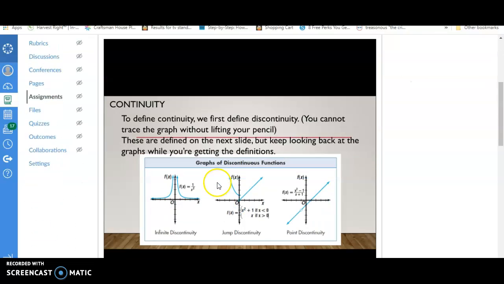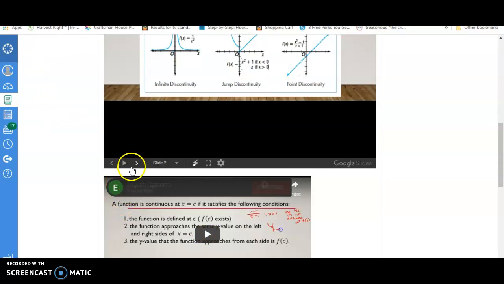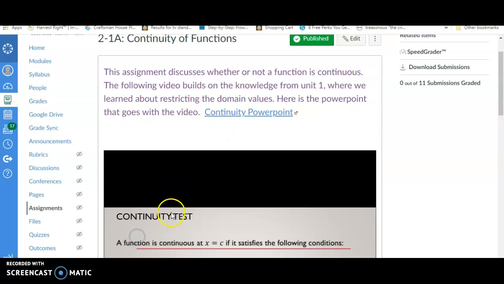If you are coming from the left to 0, you end up at 1. If you're coming from the right, getting closer and closer to 0, approaching 0, you're ending up at 0. So they do not end up at the same point coming from the left and coming from the right, so it is not continuous. That is what each of those rules are talking about.